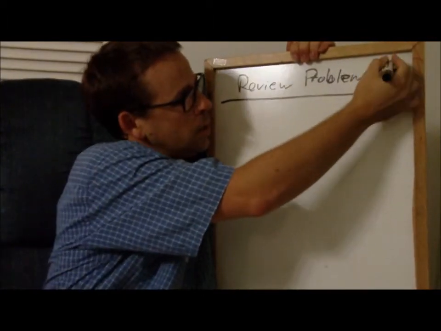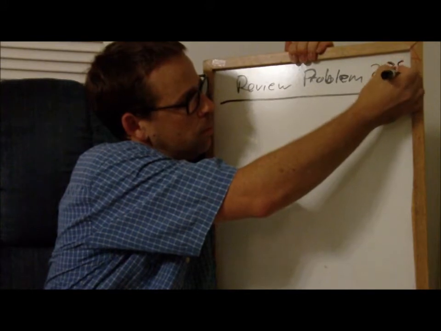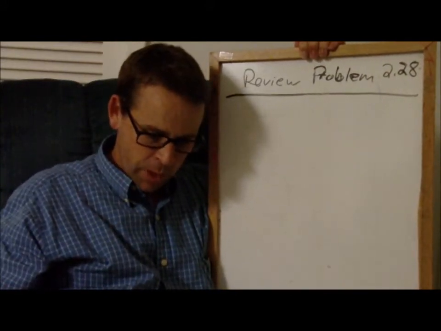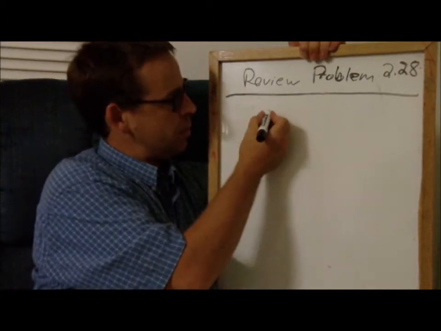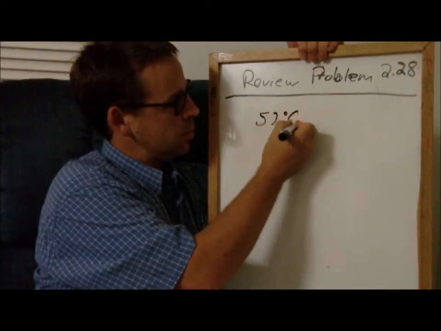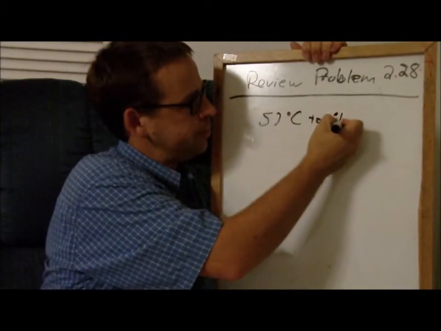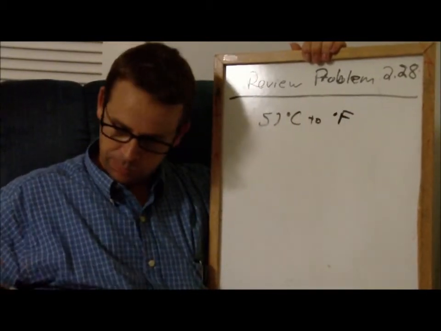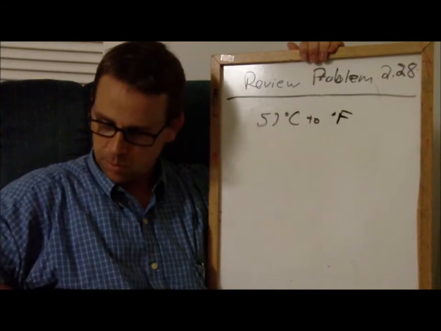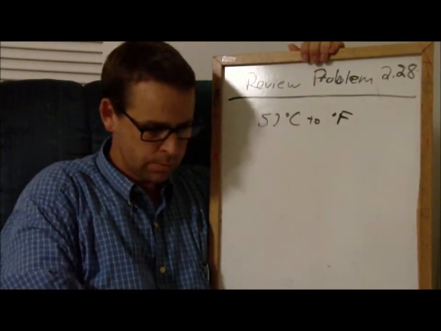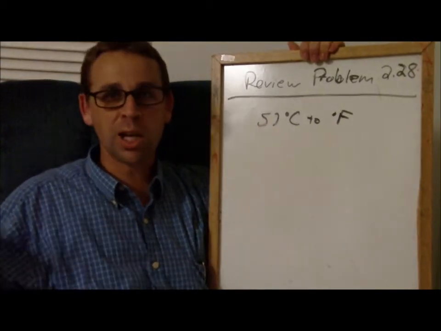Problem 2.28. Okay, perform the following conversions: 57 degrees Celsius to degrees Fahrenheit. All right? So, this is a plug-and-chug problem.